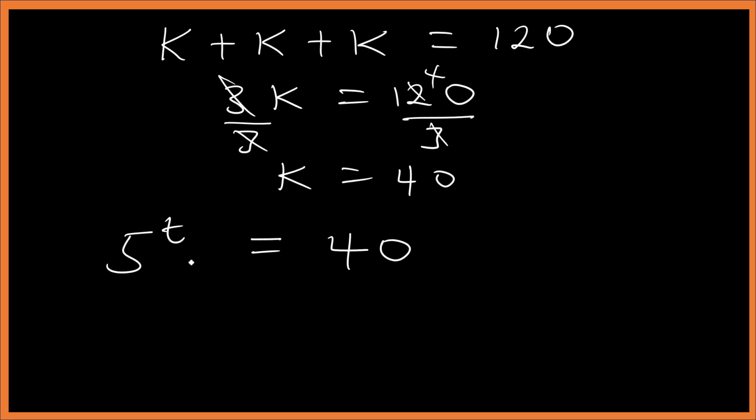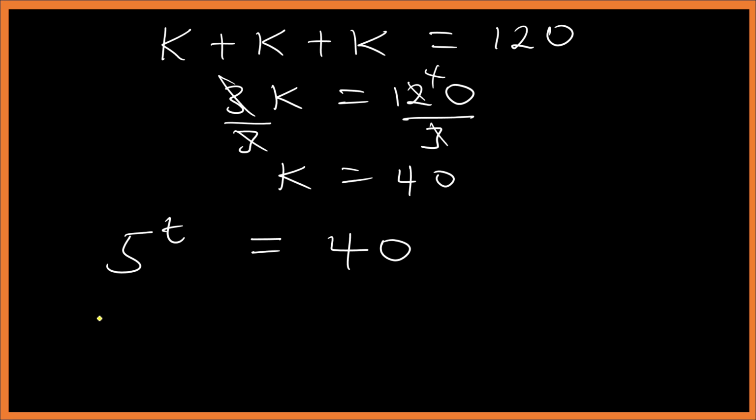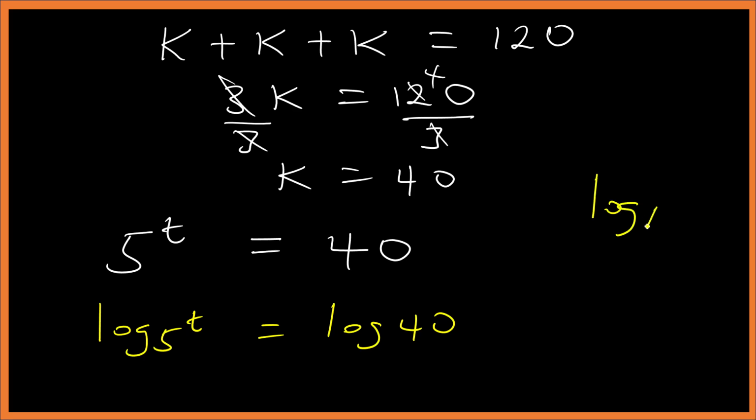Now, what do we do here? The only option is to take log on both sides. So this side will be log 5 exponent t equals log 40. Okay. So log a exponent p is the same as p log a.